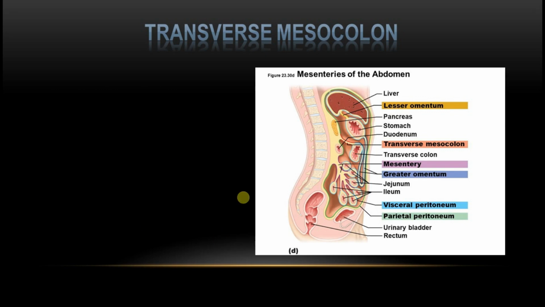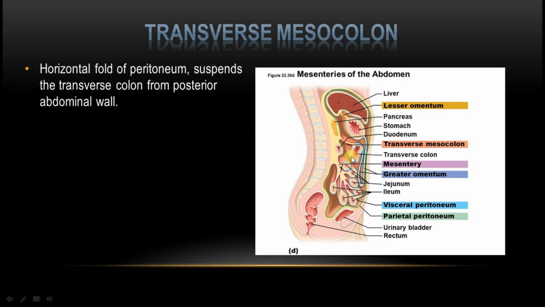Next, you see this is the transverse colon. This is a sagittal section which is covered by its peritoneum. The transverse mesocolon suspends the transverse colon from the posterior abdominal wall. The transverse mesocolon is an intraperitoneal structure.